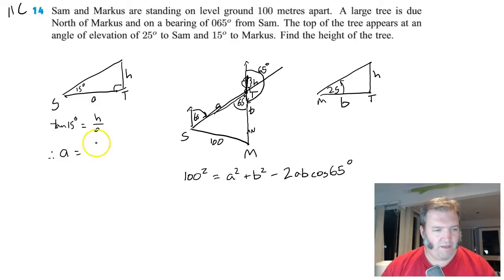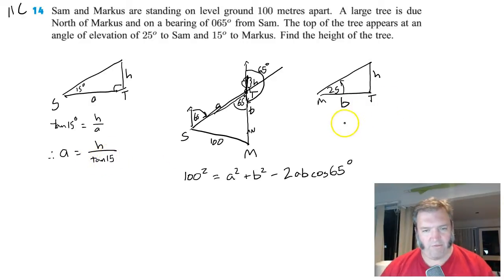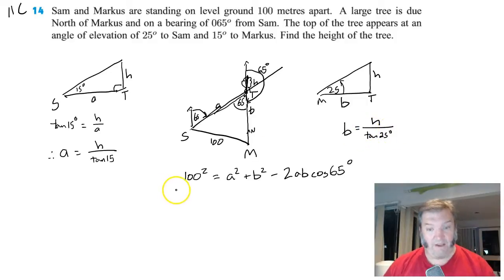I get A equals H divided by tan 15 degrees. Similarly over here, I won't bore you with all the working, but tan 25 is H over B, swap them around, and B is H over tan 25 degrees. I've now got something I can sub into my equation and solve.